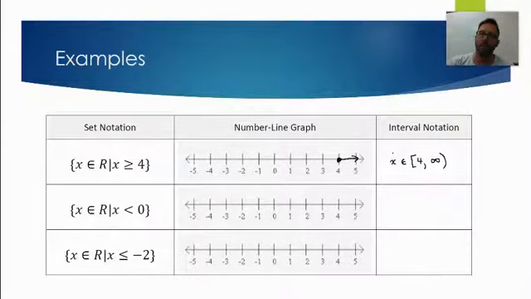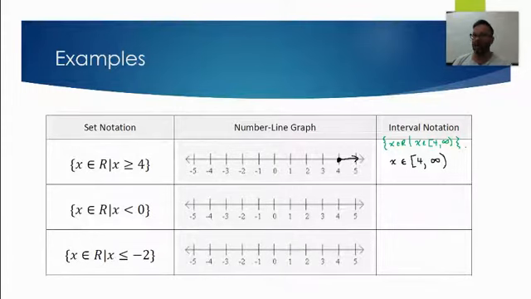Now, I should tell you, and I'm going to write this in green, some resources might have the following as well. They might, just being a bit more formal, say, okay, x is any real number such that x is an element of the interval from 4 to infinity. Close it.